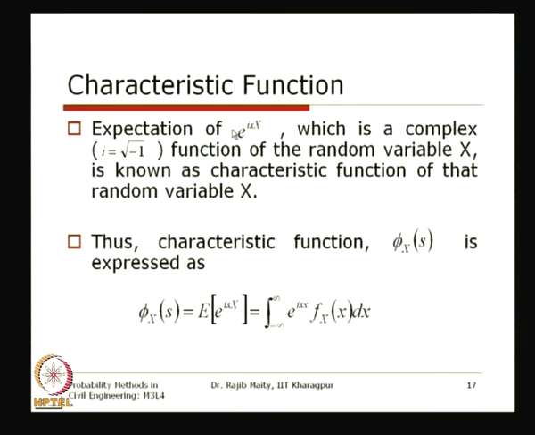This expectation is known as the characteristic function of the random variable X, and it is denoted as phi_X(s). It can be expressed as the integral from minus infinity to plus infinity of e power i s x f_X(x) dx.